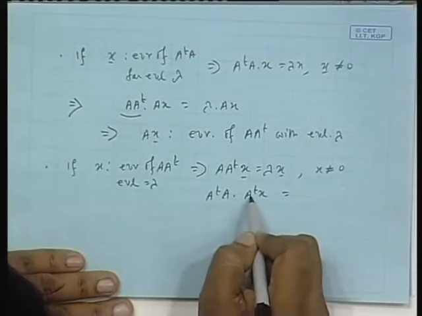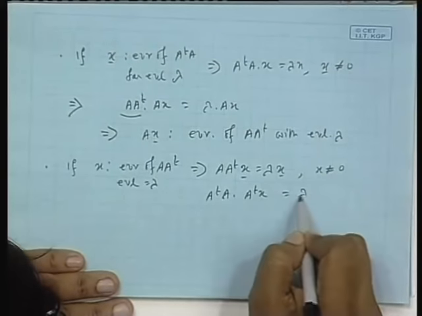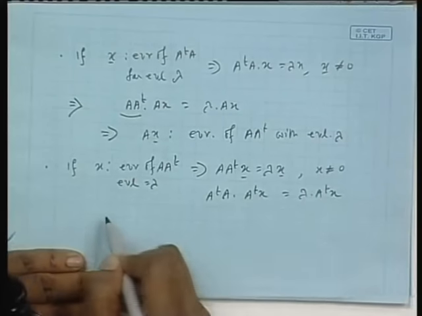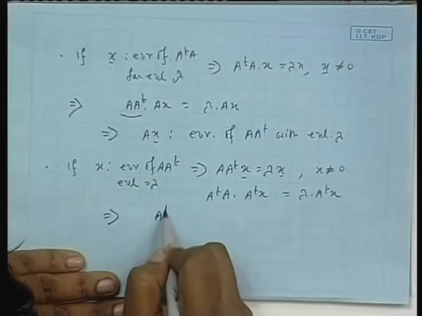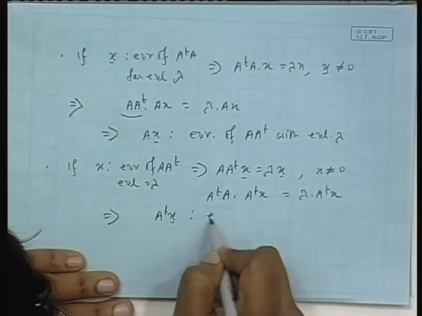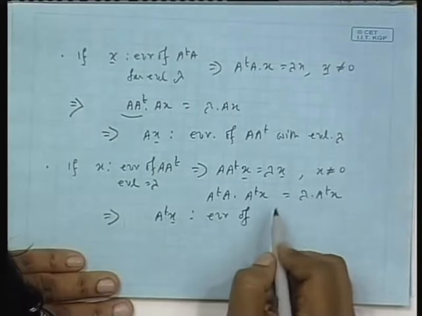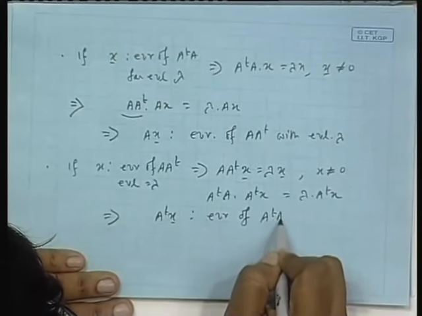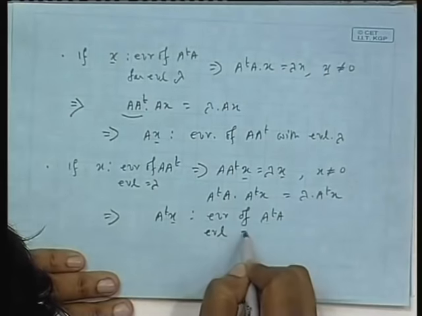You can take A transpose and A transpose x is lambda x, so you will get lambda A transpose x, meaning A transpose x is an eigenvector of this matrix A transpose A with eigenvalue equal to lambda.